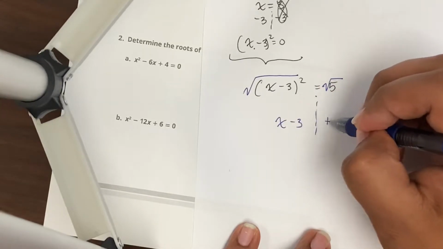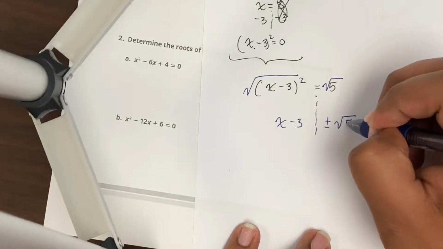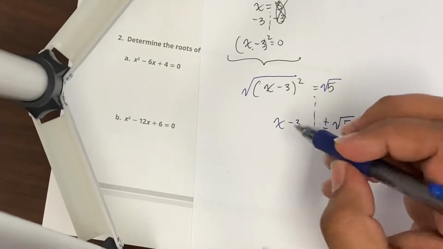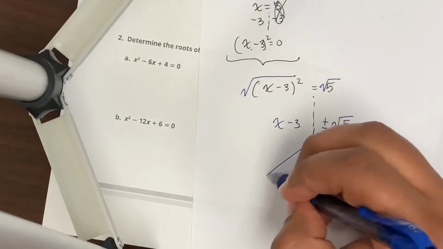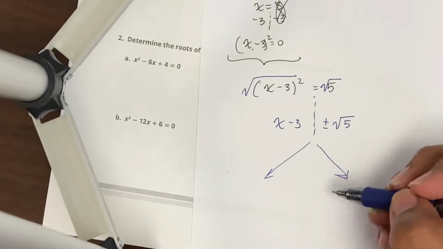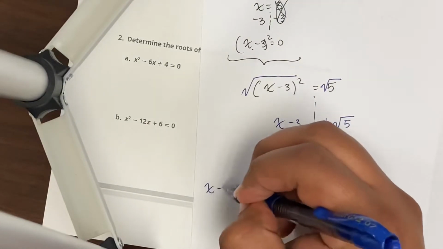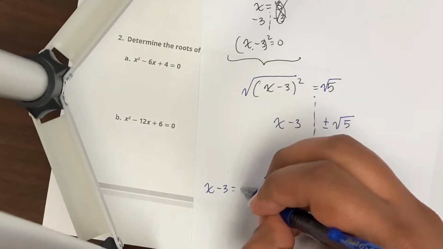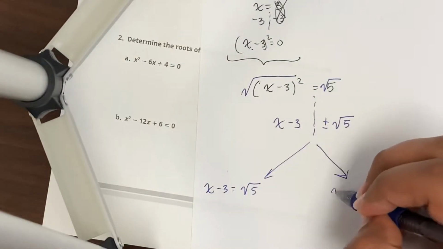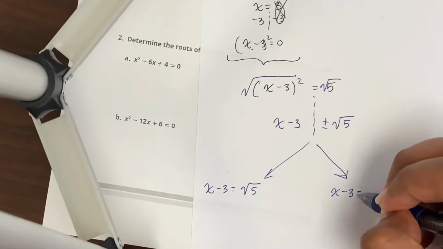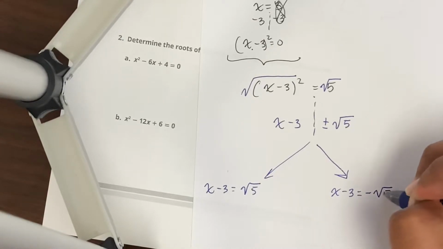Don't forget this makes it plus or minus square root of 5. After that, there are 2 parts. X minus 3 equals positive square root of 5. X minus 3 equals negative square root of 5.